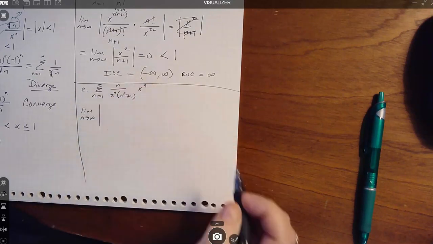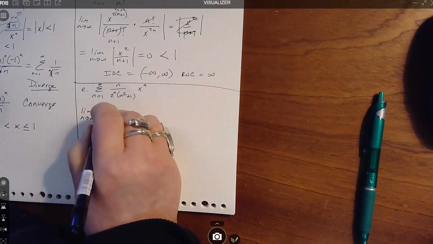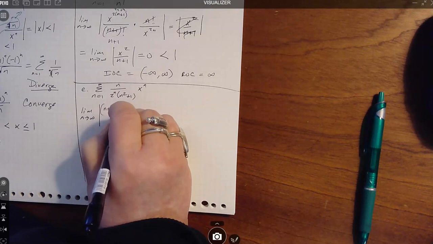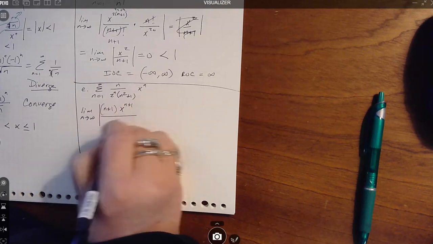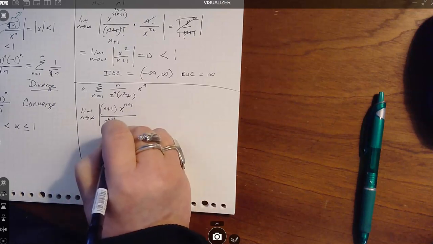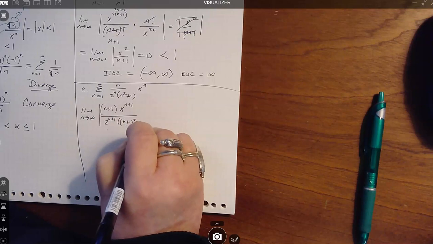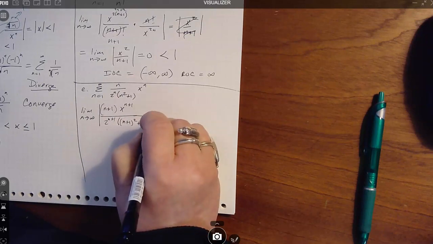Do all this, but replace the n's with n+1. So I have n+1. Go ahead and put this x on the top line. X^(n+1) over 2^(n+1) times ((n+1) squared plus 1). That's a lot of stuff.